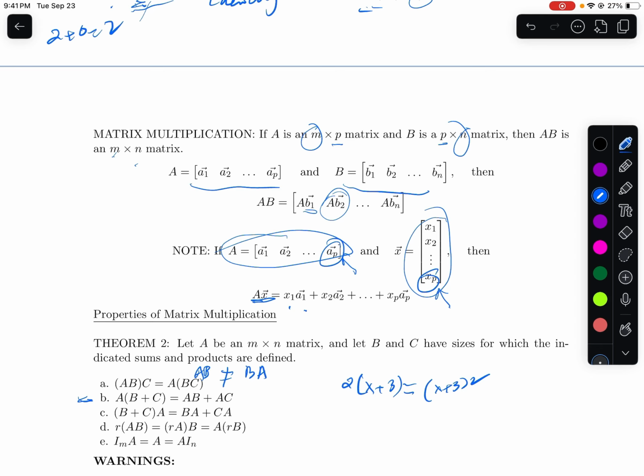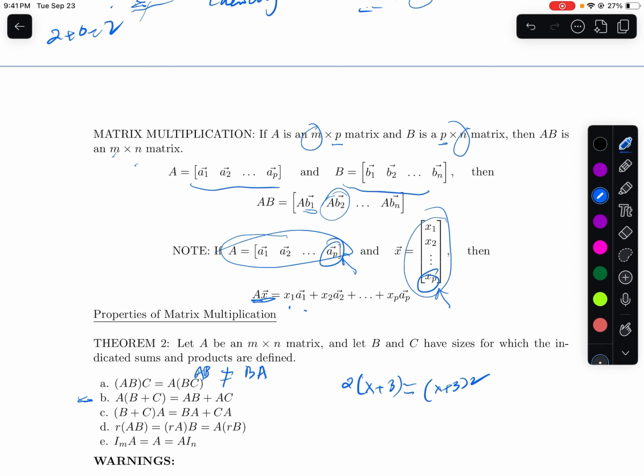With numbers, we don't care. If we have 2 into (x plus 3), or if we have (x plus 3) into 2, you get the same answer. But with multiplication of matrices, that is not true.